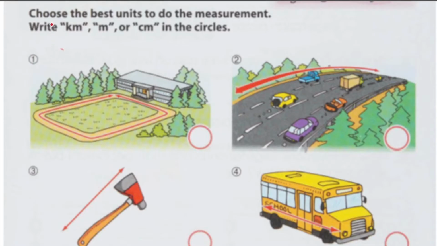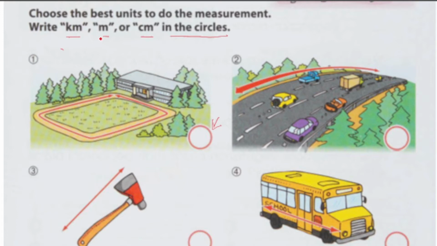So they are asking, choose the best units to do the measurement. Write kilometer, meter, or centimeter in the circles. In these circles, we have to use these units for measuring the object which is given in the scene. Basically, this is a house and this is a ground, so it cannot be measured in kilometer or centimeter.